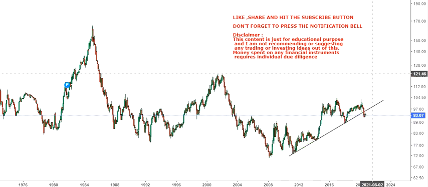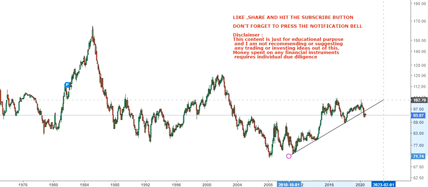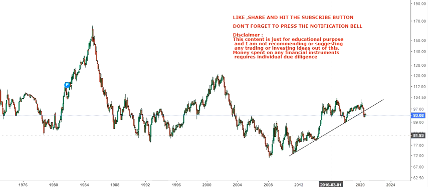So it is clearly visible that if you are using this line, then a head and shoulder pattern has formed. It has already broken down from that level and started going down.